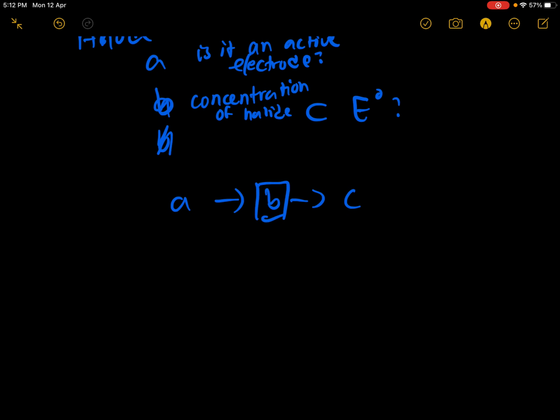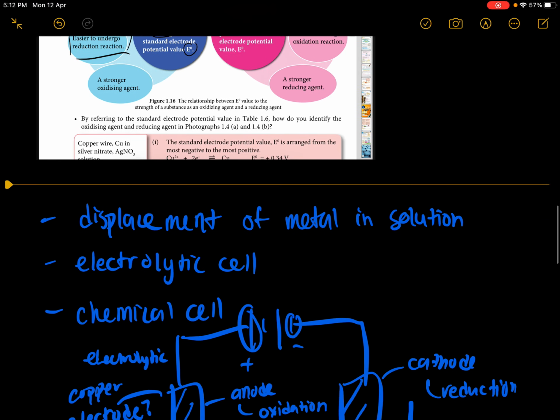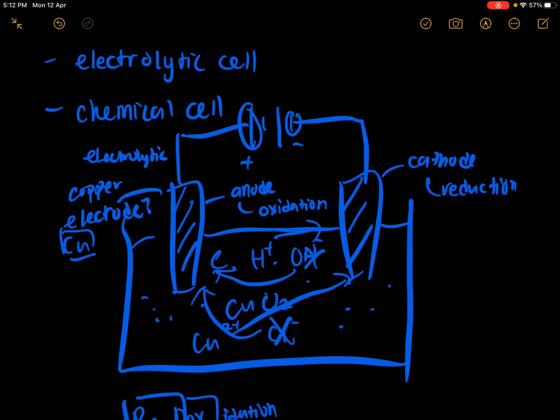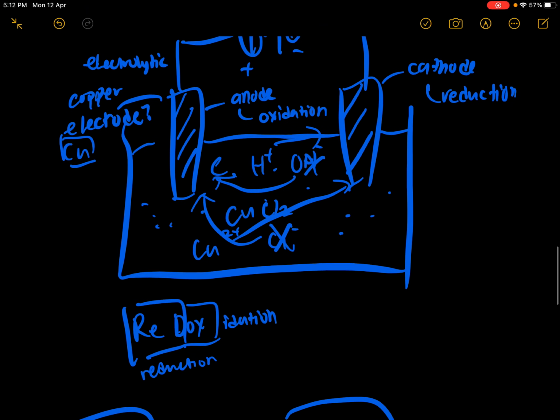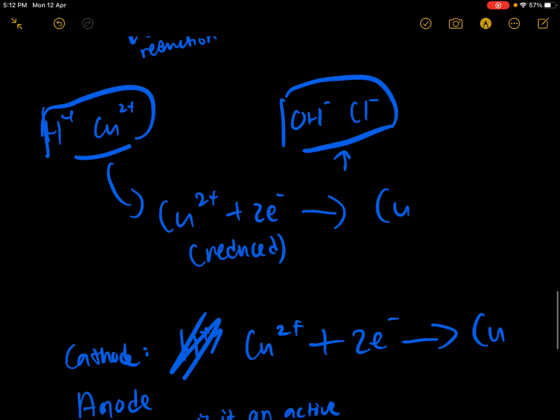So next, is it a halide? If it's a halide, what is the concentration of that halide? What is the molarity? We have OH minus and Cl minus. Halides are halogen ions.